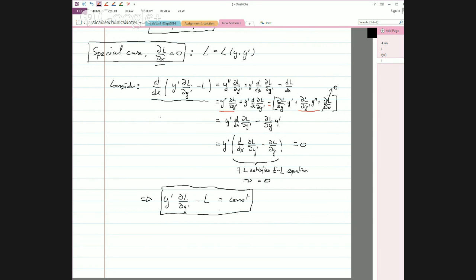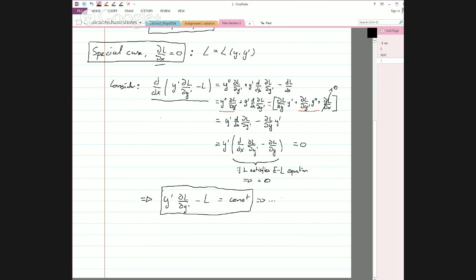But for now, it's just a mathematical curiosity that when L does not depend explicitly on x, so that term canceled, or was equal to 0, then it turns out this quantity here is a constant. It's called the Jacobian integral, but let's only call that in mechanics, so we don't need to mention that here. Okay? And so this is now a first order differential equation.